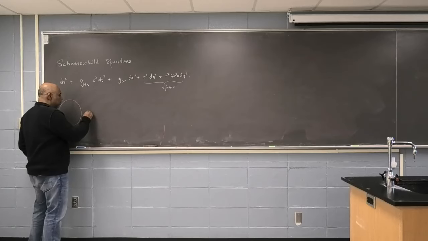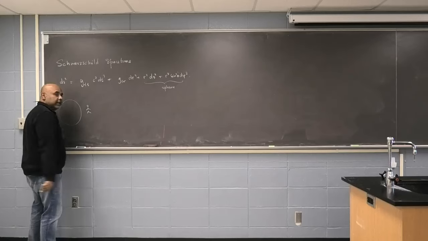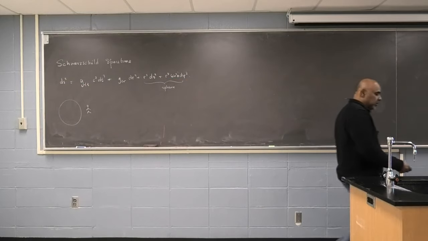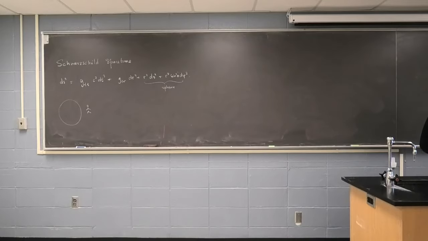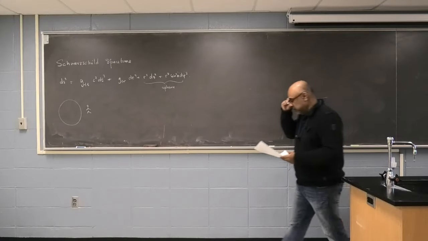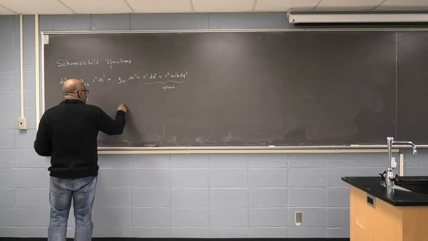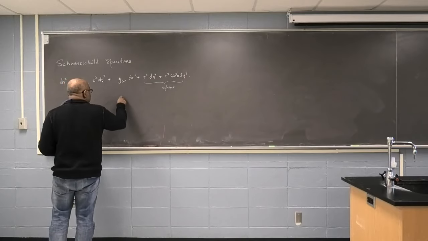Now suppose right over here, an observer is just standing, and he or she would measure proper time. Suppose you have two observers, one here and another further away.